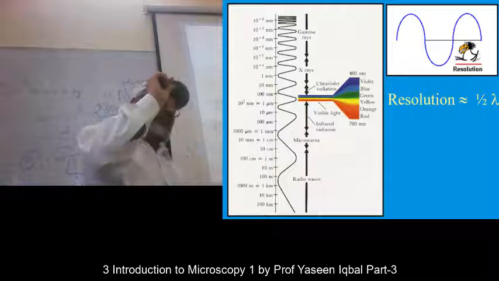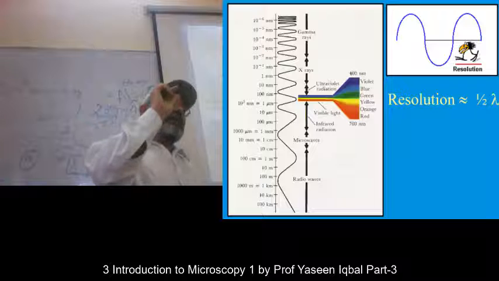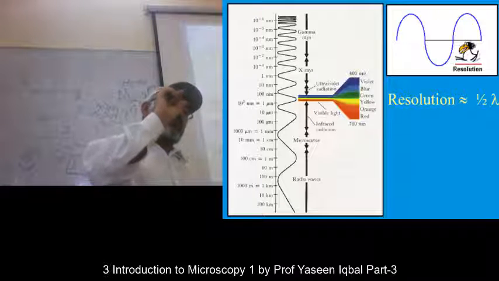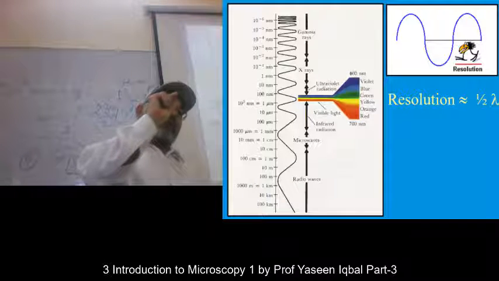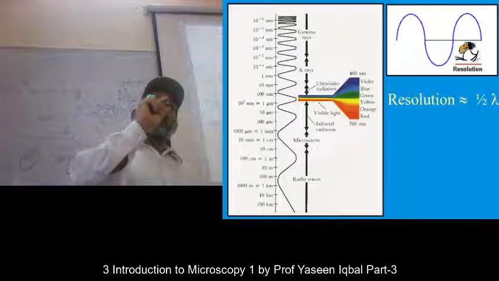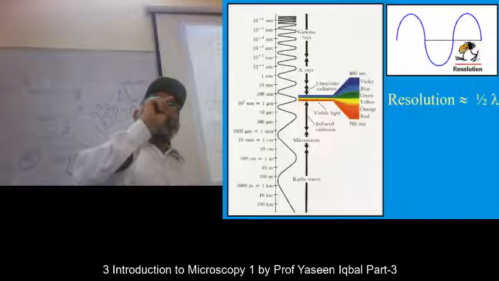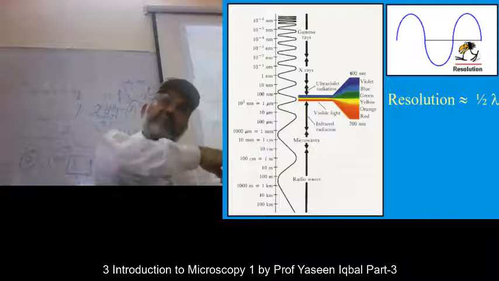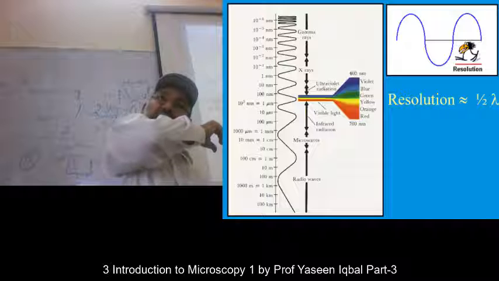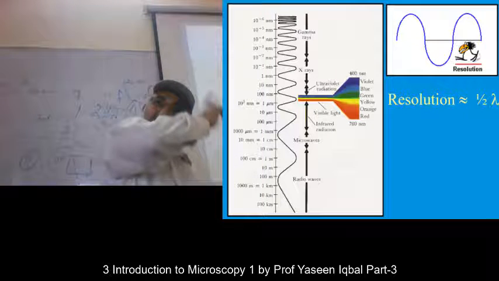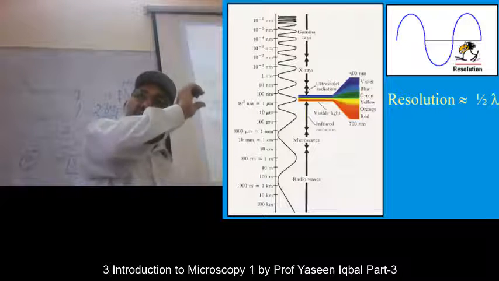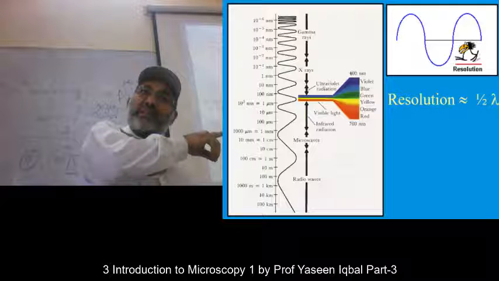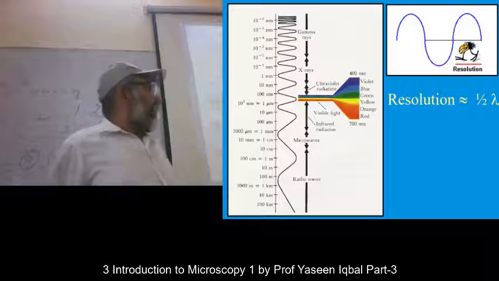So when lambda is small, the resolution will be small or big? The smaller the wavelength, the better the resolution.